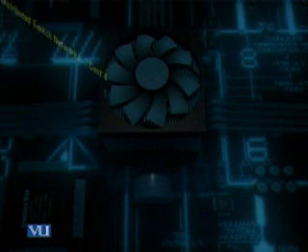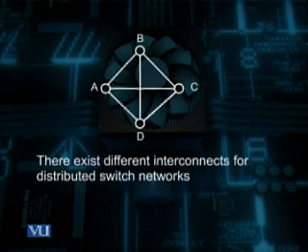A distributed switch network where each node interconnects all the nodes of the network is known as the fully connected network, and it is shown over here: a 4-node network where node A is connected to B, C, and D, node B is connected to A, C, and D, and so on. So here you can note that there exist interconnects for distributed networks.